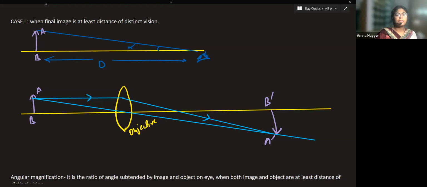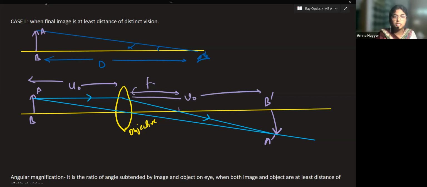Now see, since this is the objective lens, this separation is u naught, meaning the object distance of the objective lens. Let's say this is some point where light rays have converged, so this becomes the focus of the objective lens. Fine, and since the image is formed here, this separation becomes the image distance. Clear? Now coming to the compound microscope actual part, which involves your eye lens as well.